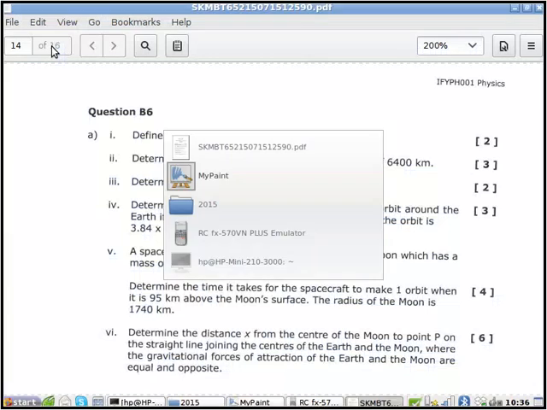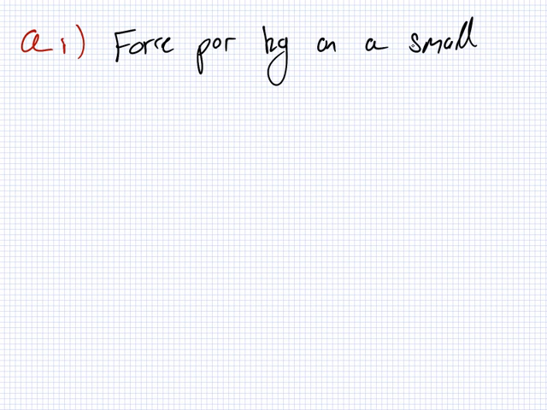Let's have a look here. This part, is it A or 1? A part 1. Right, gravitational field strength. That is the force per kilogram on a small, what's often called a test particle, exerted on it by the gravitational field caused by a much larger mass.